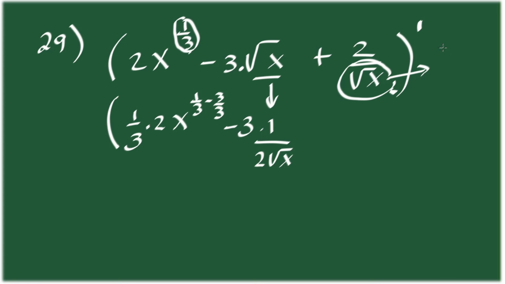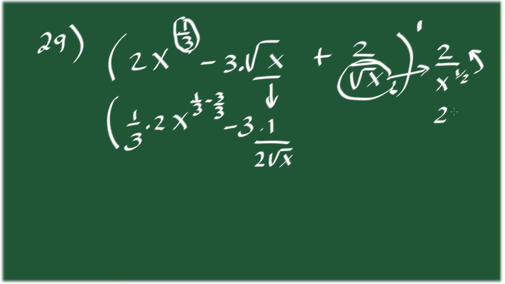For this one, I need to rename it before I get the derivative, because your square root of x is at the bottom. So rename it as 2 over x to the 1/2, and then you have to move it up, because you can only start the power rule once your x is in the numerator.